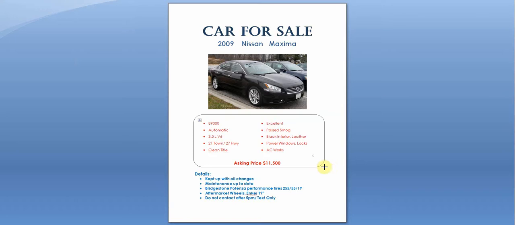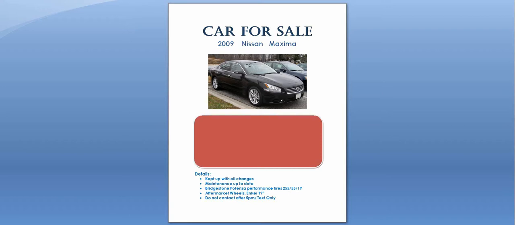Then you go here and it's going to say shape styles. So let's do this color, and then you bring send to back. Oh nope, send behind text. There we go.